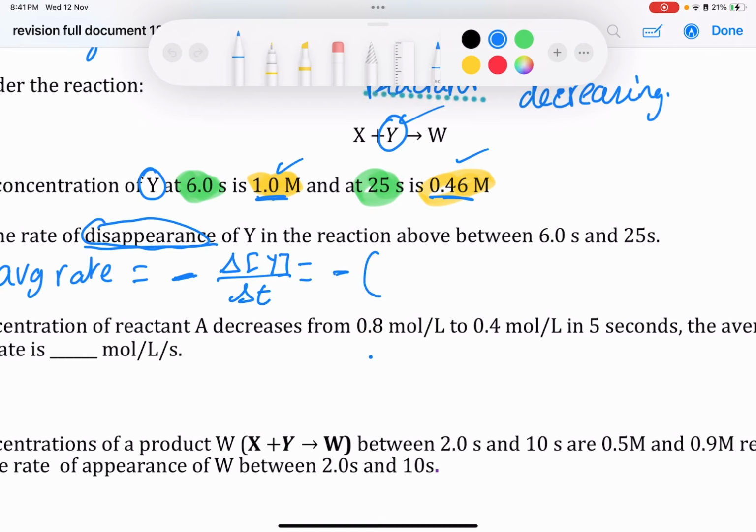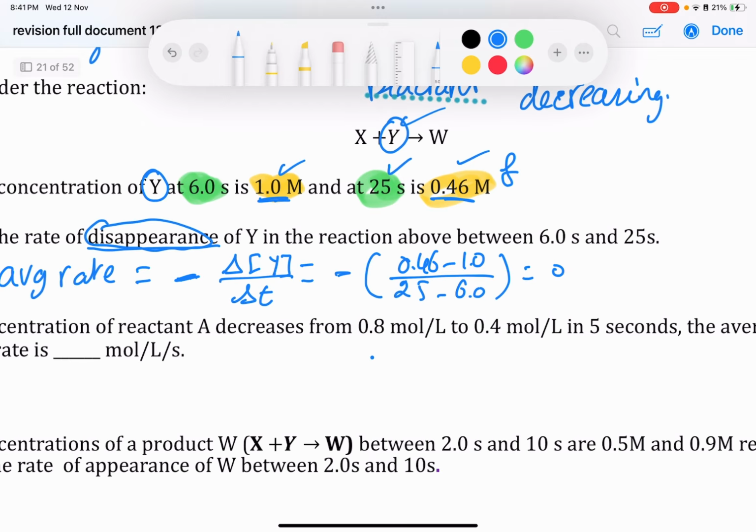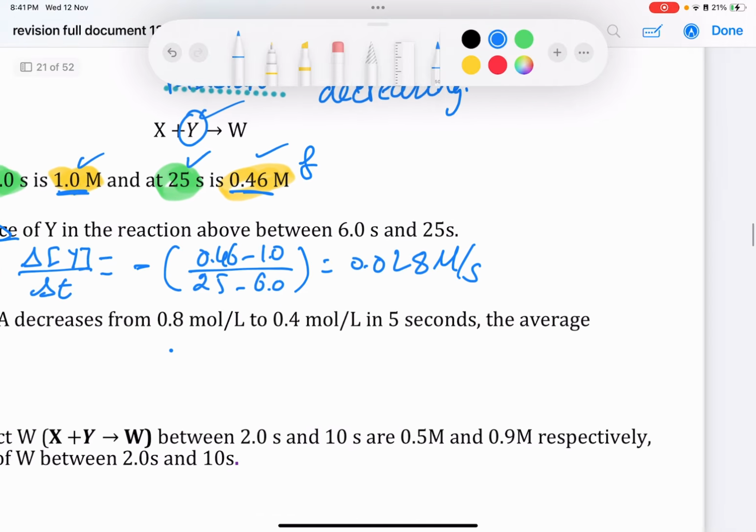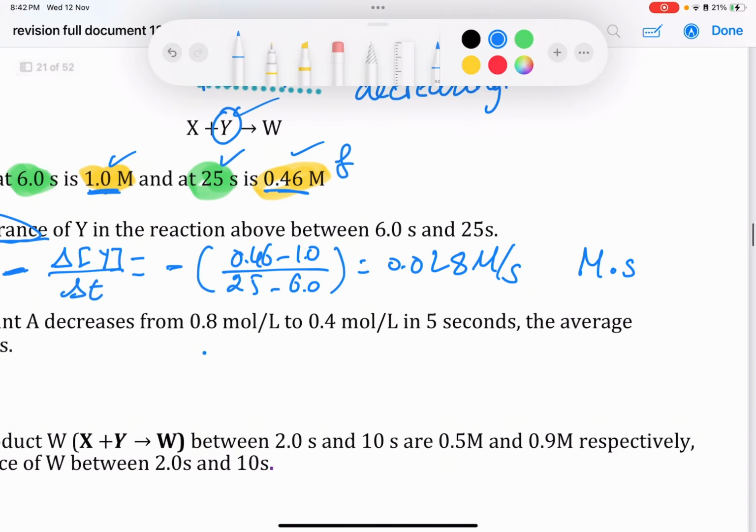So, final minus initial, and this is the final time minus the initial time. And the answer is going to be 0.028 molar per second, or you can write M s minus 1.